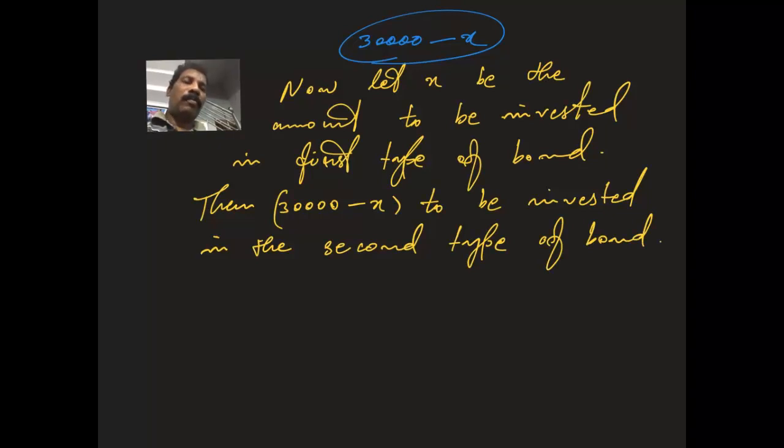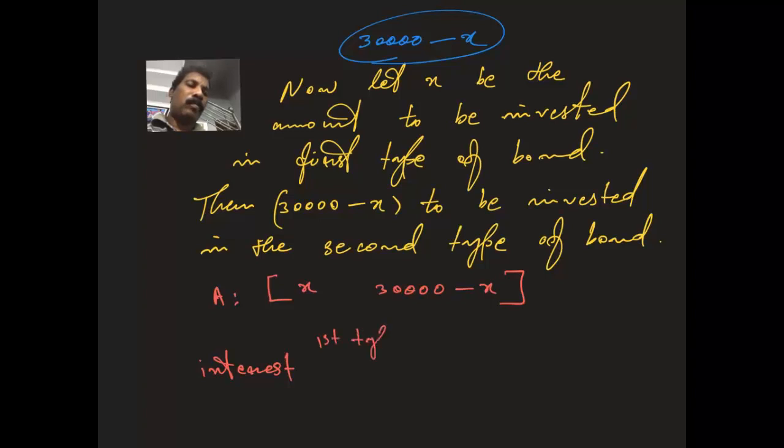Thus, we can have a matrix with the amount x and the remaining amount 30,000 minus x as our first matrix, say capital A. Then the second matrix is the interest paid by the first type bond and second type bond: first type 5% and second type 7%.